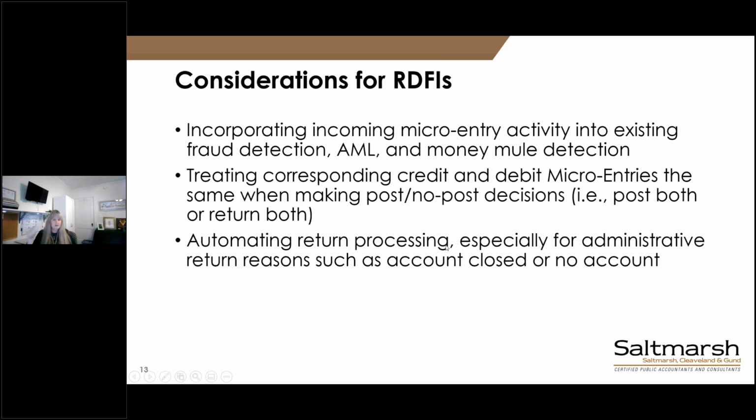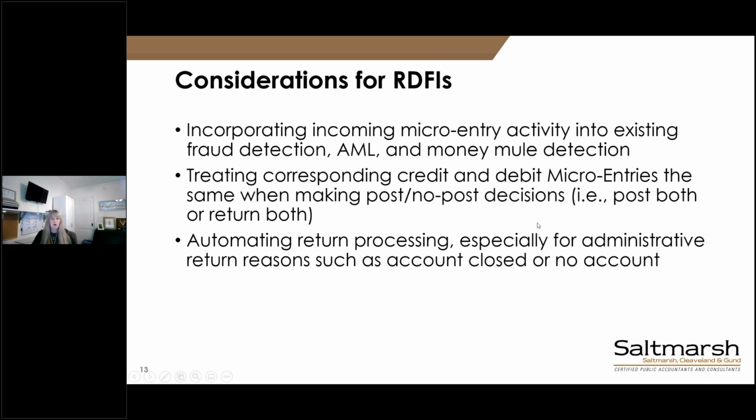They have to mark it up and send it as account closed or unable to locate account. It's a manual process, but if you're unable to set up an automatic system, I still would recommend you develop procedures on how to handle micro entries when they hit your non-post.